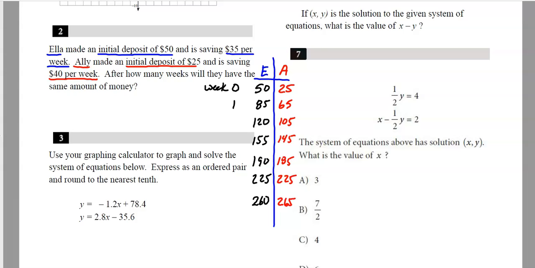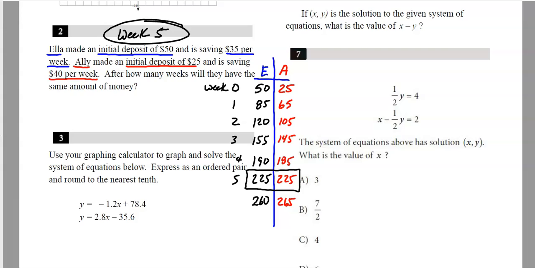We could go another one. So the ultimate question was, after how many weeks will they have the same amount of money? Well, they're going to have the same amount of money right here, which is week 2, week 3, week 4. So it looks like the answer to this question is week 5.